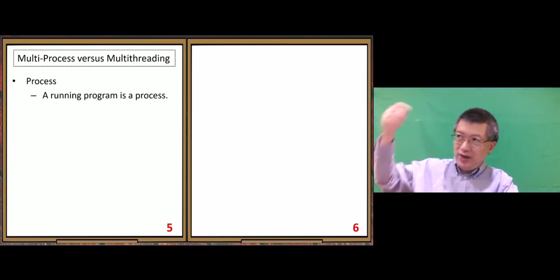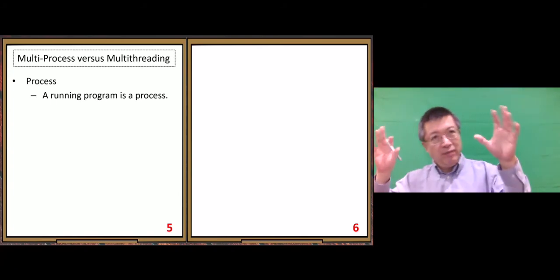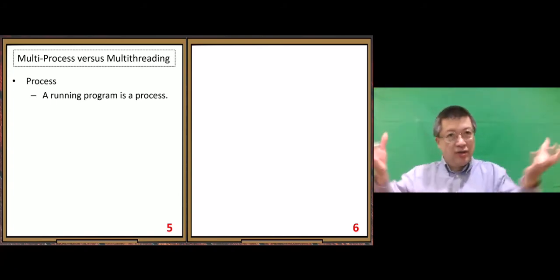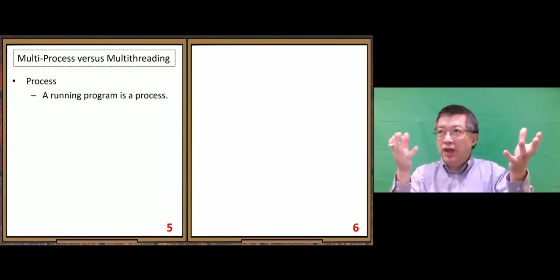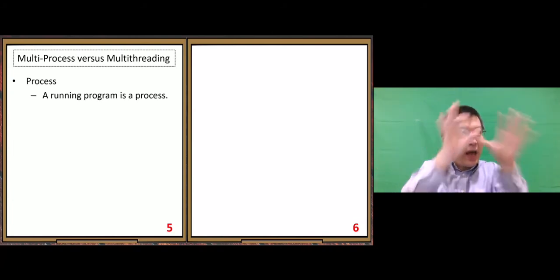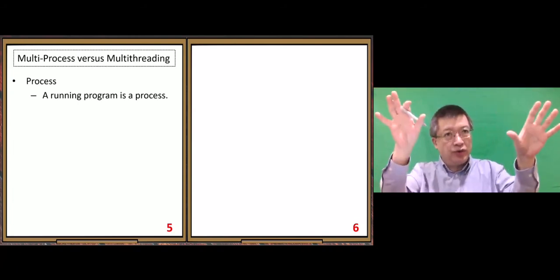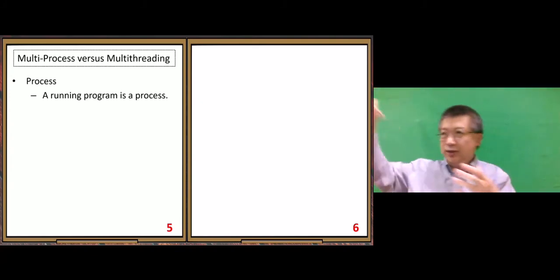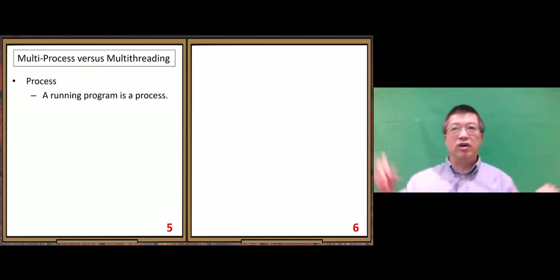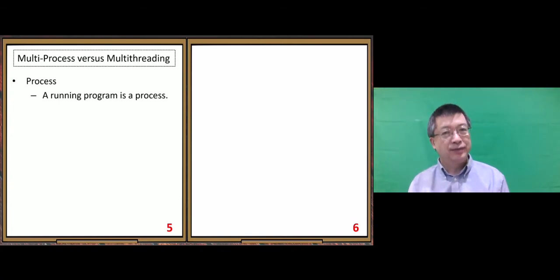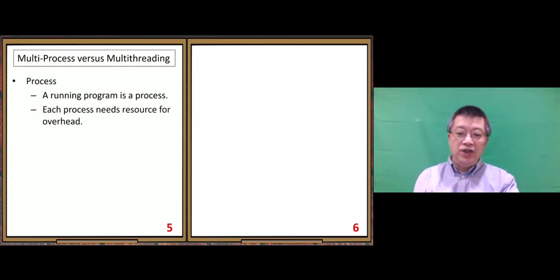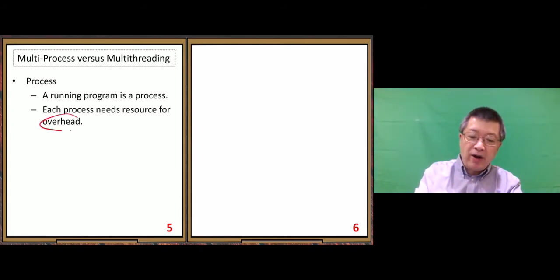When a program is running, inside the main memory a process must be created, using allocated memory resource, to do a lot of data processing work. So that is a process. Each process needs resource for an overhead part.